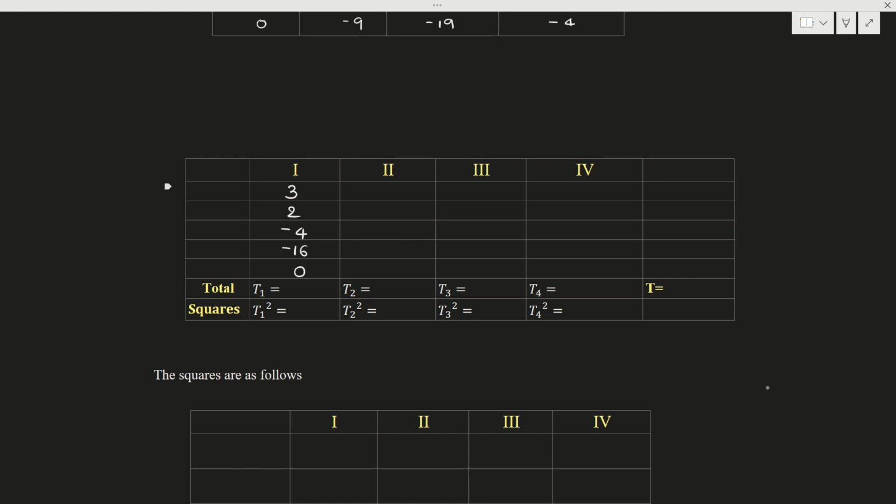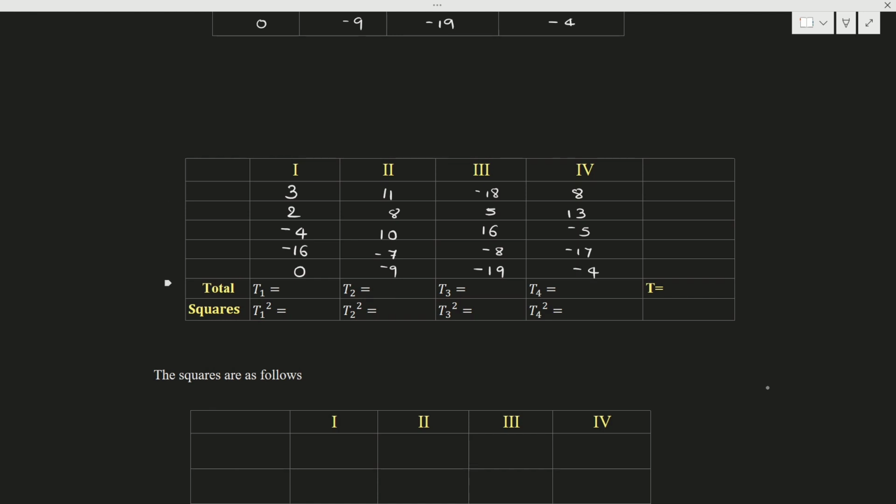Here it is 11, 8, 10, minus 7 and minus 9. Here it is minus 18, 5, minus 16, minus 8, minus 19. And in the fourth column 8, 13, minus 5, minus 17, minus 4.